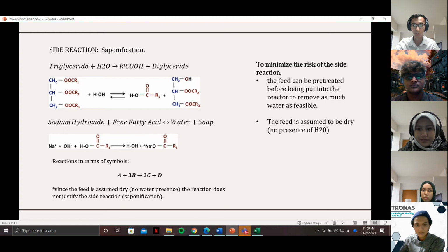However, to minimize the product from the side reaction, we assume that the feed is dry, with no presence of water, to assure that there is no other product manufactured besides methyl ester, or we should call it biodiesel. We can also pre-treat the feed before entering the reactor to prevent disruption from the water particles. Okay, next slide.